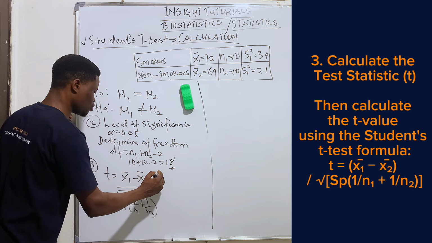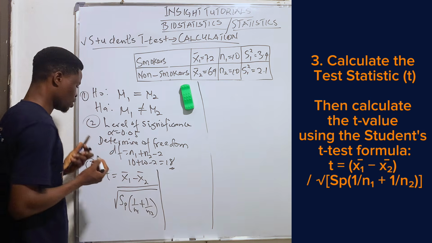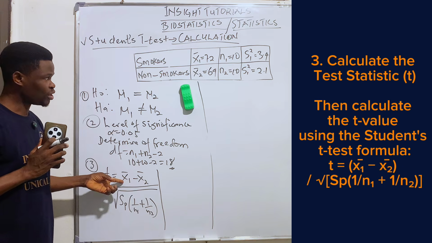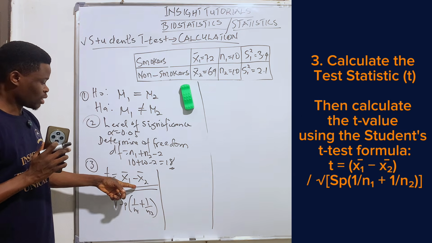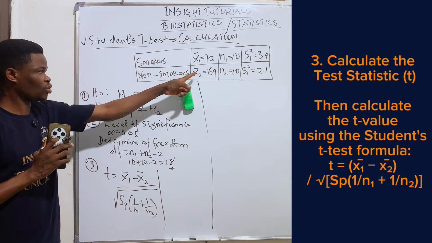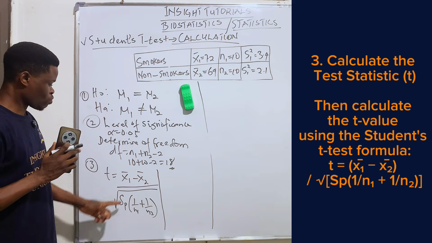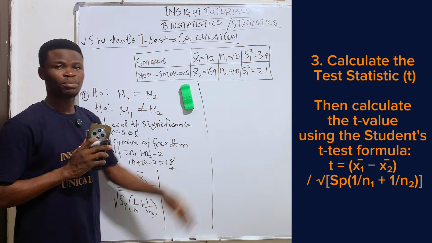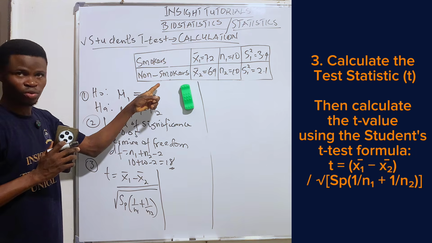Now, there's something you need to know. x1 is the average of the smokers. x2 is the average of the non-smokers, which is 69. This n1 and n2 are the sample sizes of the smokers and the non-smokers.